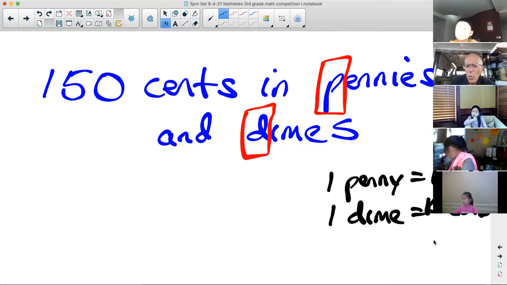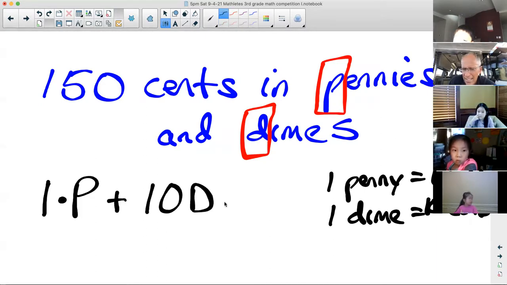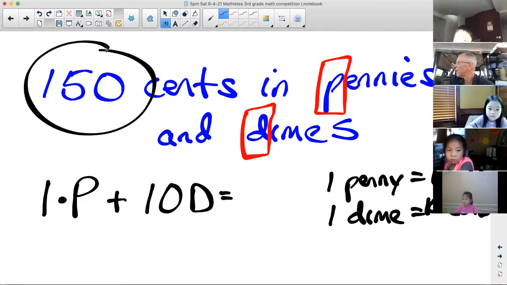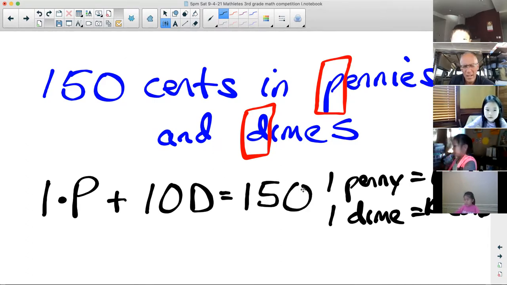Therefore, we can give an algebraic representation of 1 times P, and we really just need to say P, but we'll say 1 times P plus 10 times D equals how many cents? 150. Exactly. 150 cents.